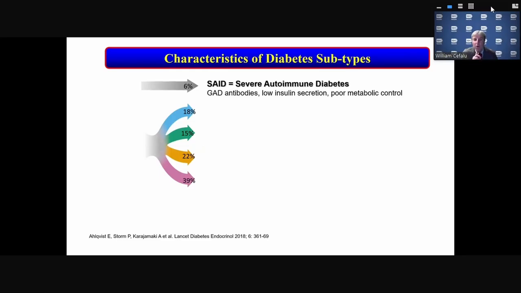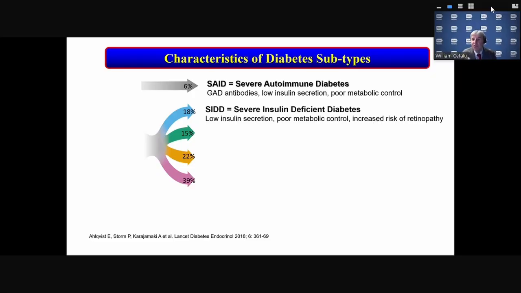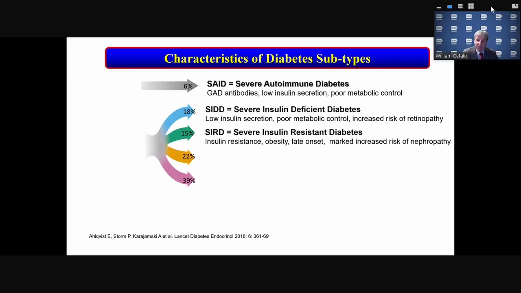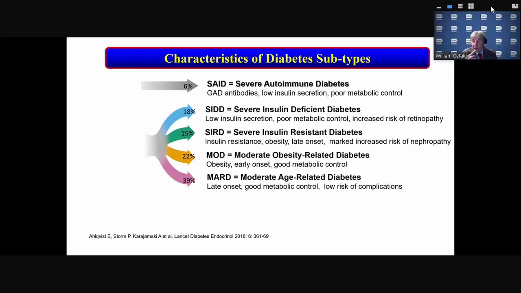The severe autoimmune diabetes: GAD antibody positive, poor metabolic control. They defined a severe insulin-deficient diabetes: low insulin secretion, increased risk of retinopathy. They defined an insulin-resistant diabetes, which had a marked increase in nephropathy. And they defined a moderate obesity-related and a moderate age-related diabetes.